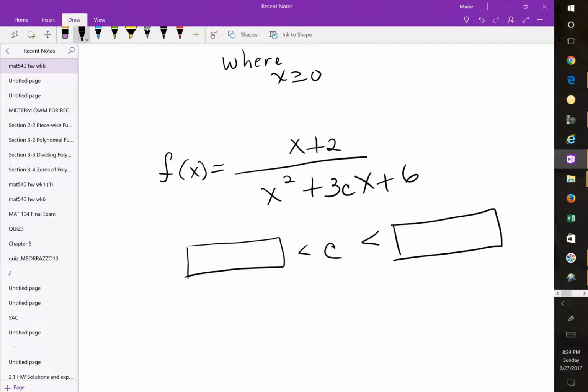The question stem says, find all values of c such that the domain of the following function is all real numbers. So they want basically the domain of the function to be all real numbers.